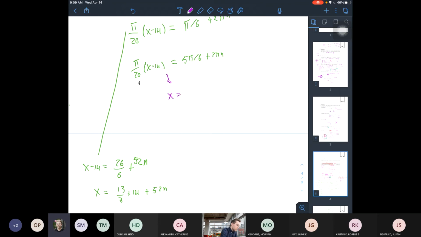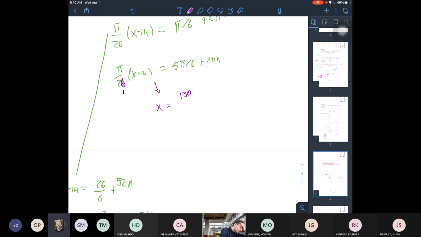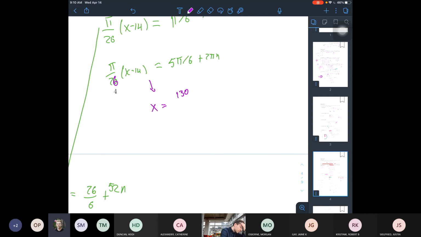And then the other equation gives us x is equal to 5 pi over 6. When we multiply by 26 over pi, we get 5 times 26, which would be 130. 5 times 26 is 130, right?